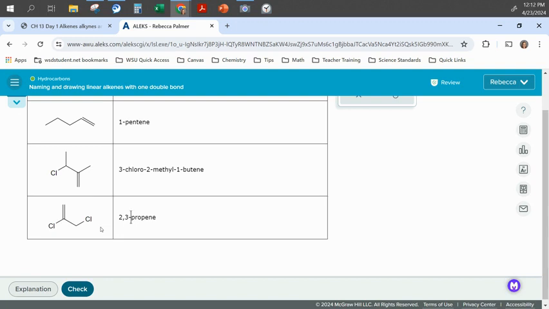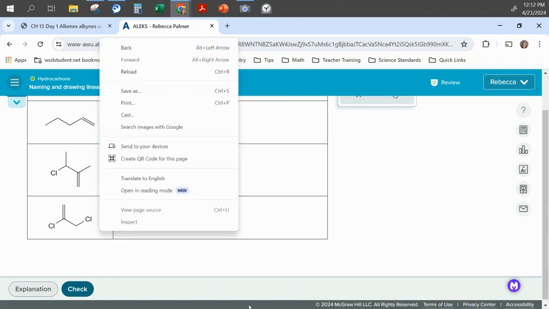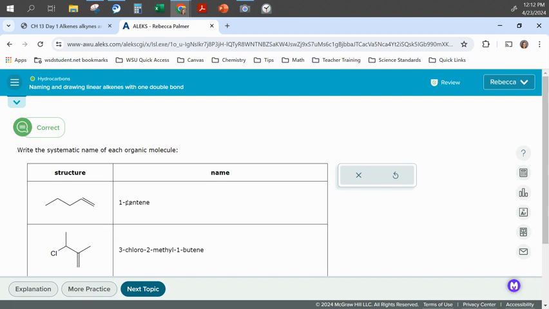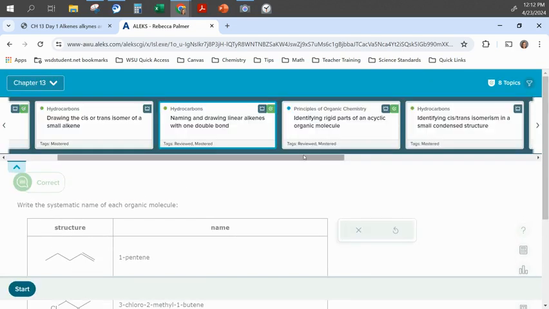There's 2 of them, so don't forget you need prefixes if there's more than one. 2,3-difluoro-1-propene. Okay, lots of little things to remember, but if you can keep them straight, then it's pretty straightforward. Just think of it as like a game. That's not so bad. Okay, let's move forwards from that topic.